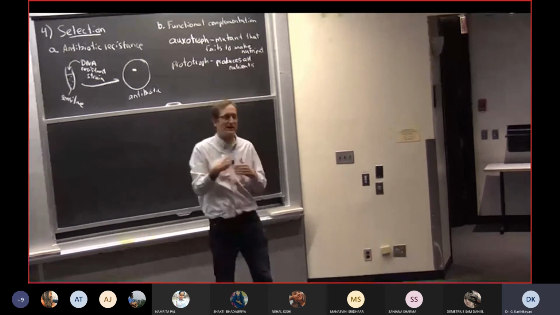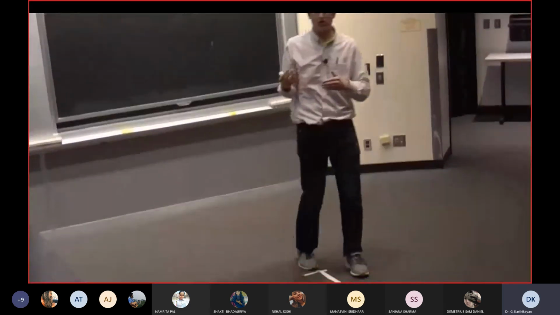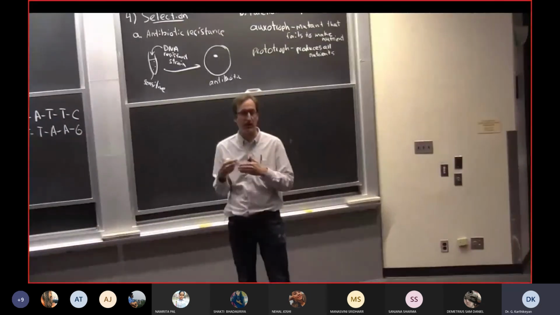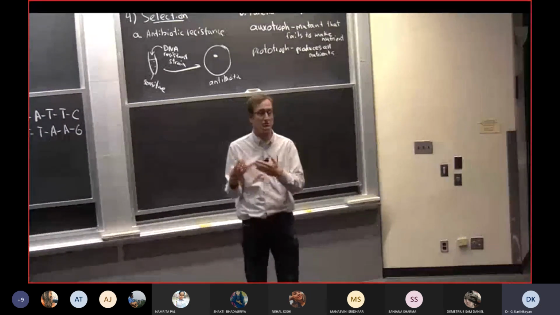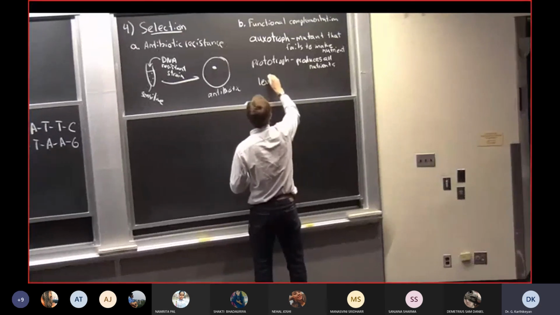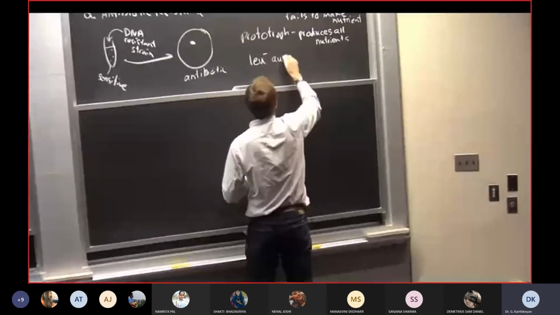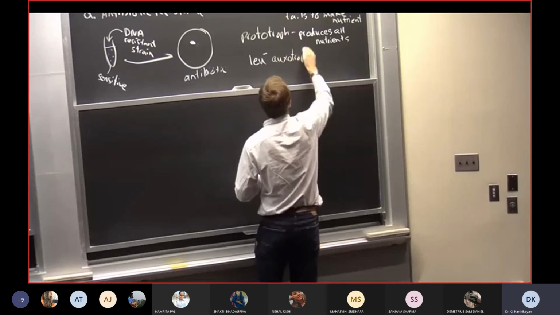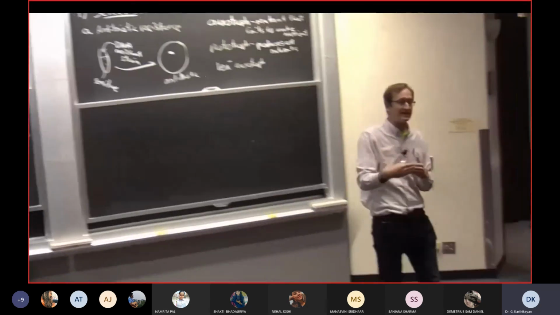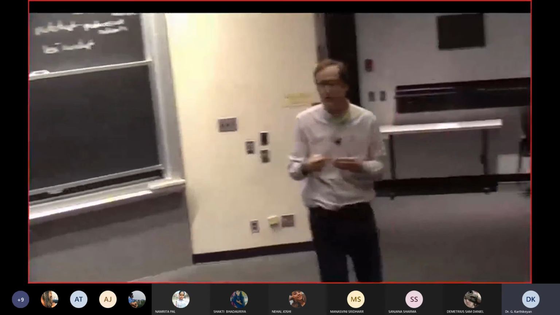And so let's say you had an auxotroph for leucine. So you had a strain that if you didn't provide leucine to it, it would fail to grow, okay? So we'll start with the leucine auxotroph. And let's say you want to identify the gene that's defective in this leucine auxotroph.